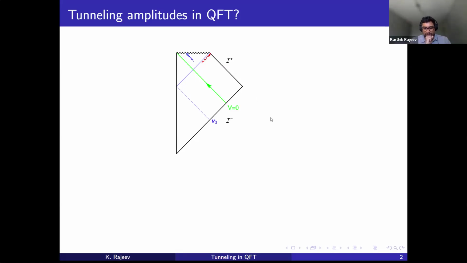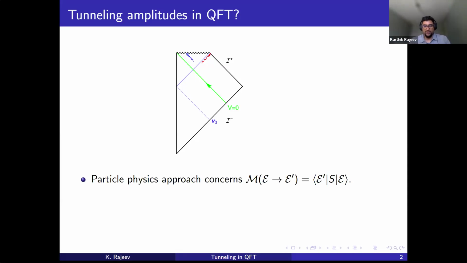Now, one of my interests was to understand this using some of the standard tools used in particle physics, and how they can be adapted to examples of this kind. So, for instance, a particle physicist would think of a scattering amplitude in this background.